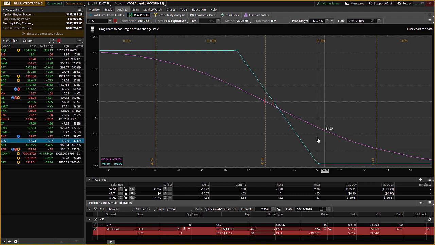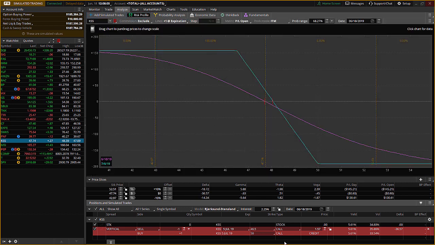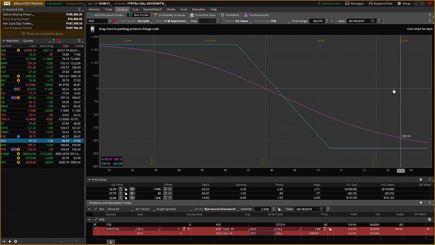However, what if we notched this up a little bit? We said that I would do the 46 and a half for the delta, but we could reduce it. Let me go back here and open it up to the 50 and a half. So let's see what happens if I do that. And I can do that in here just by pulling this down and jumping up one. All right.